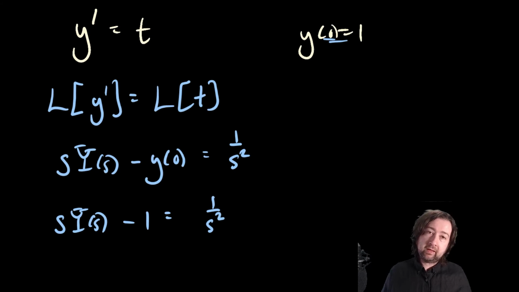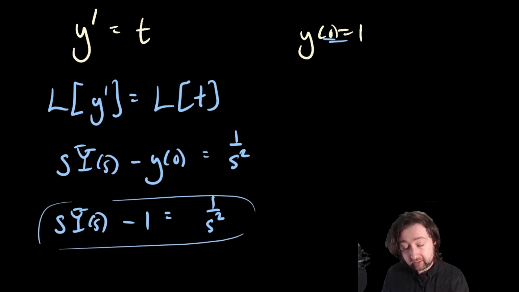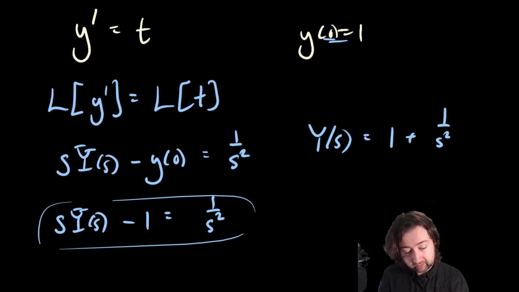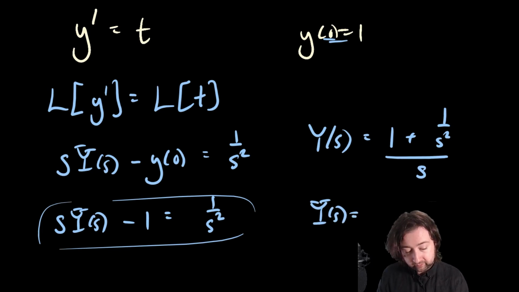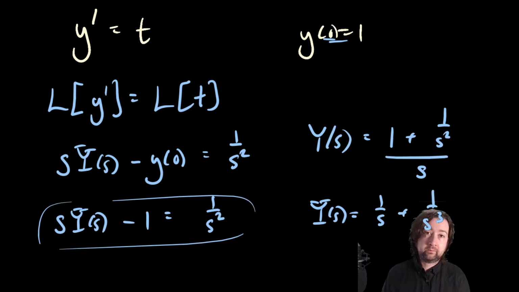Now the game is, I've taken this differential equation and I've turned it into an algebraic equation. This thing that I've got here, I can solve for Y. And so I'm going to do that. Y of s is equal to 1 plus 1 over s squared, all divided by s. And that means that Y of s is equal to 1 over s plus 1 over s to the third.